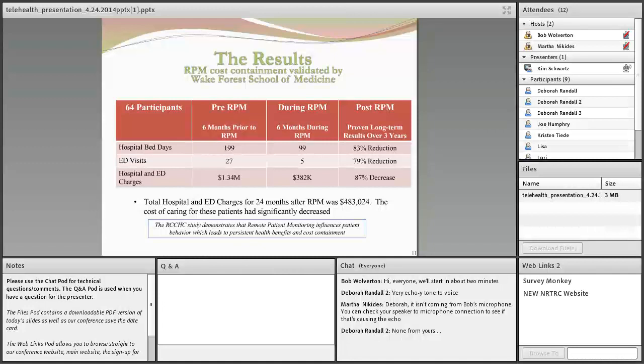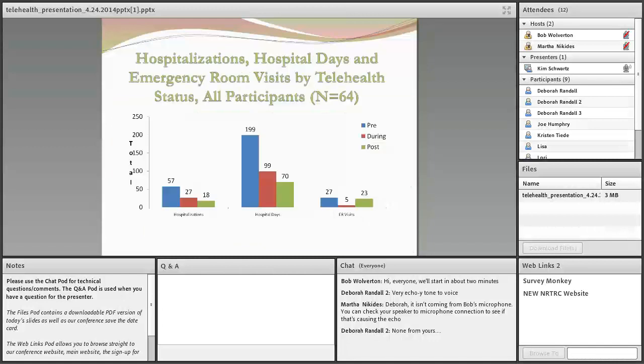So you can see prior to remote monitoring, the 6 months it was 1.3 million, and then during telehealth it was 382,000, and then an 87% reduction 3 years post. So that's just that same data basically by hospital days, emergency room visits in a graph chart.